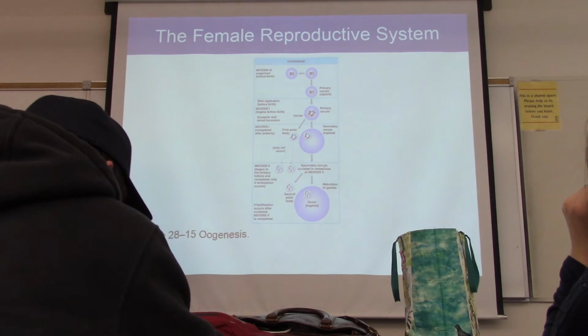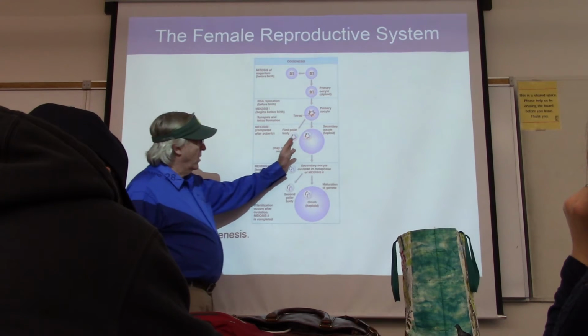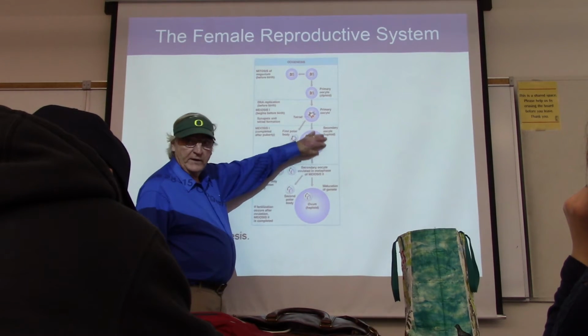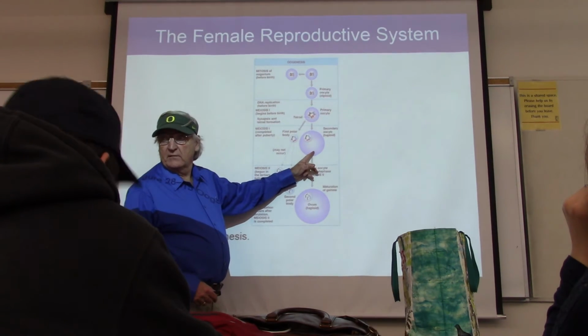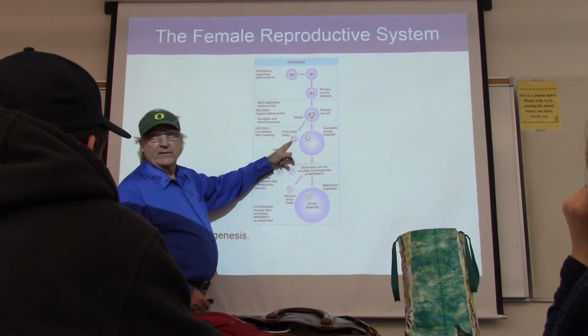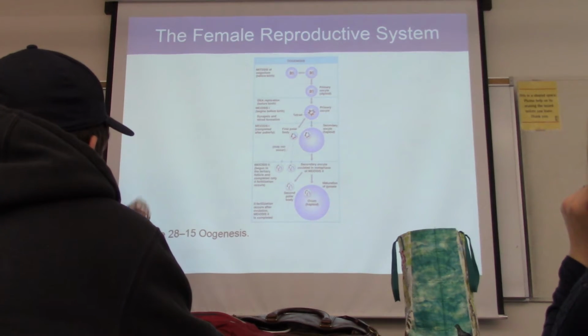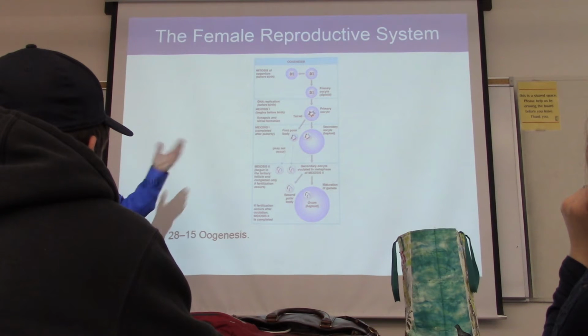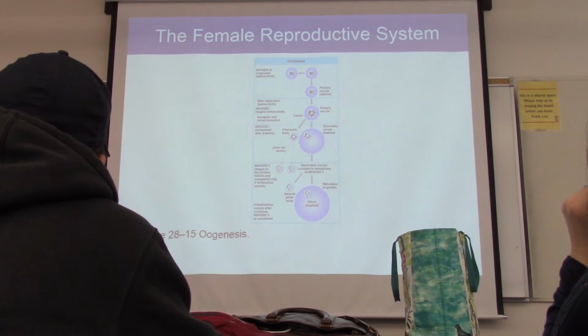Because remember, the female is working really hard on quality and not on quantity. And so she puts all of the cytoplasm, all of the organelles, all the good stuff over here into this one cell. And the only thing in the other part, which we call the first polar body, is just thrown out, and it gets eaten up by the body and goes away.